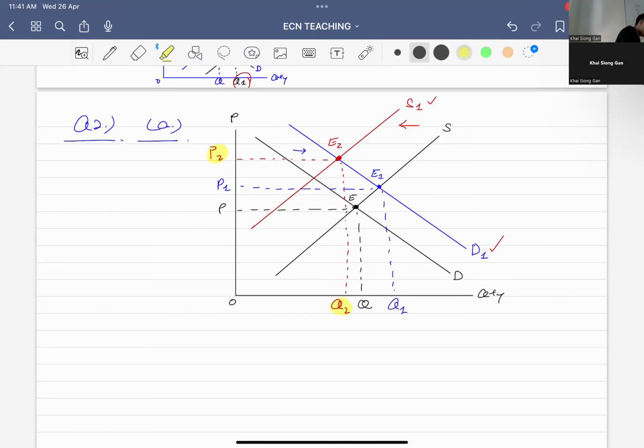So therefore, the final outcome is higher price. Definitely higher price. Quantity, it depends. It can remain unchanged, or like in my one, a lower equilibrium quantity.